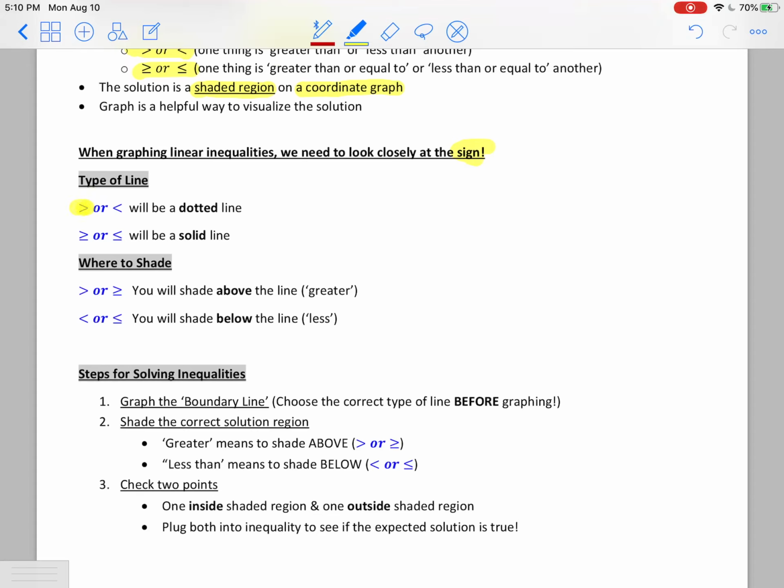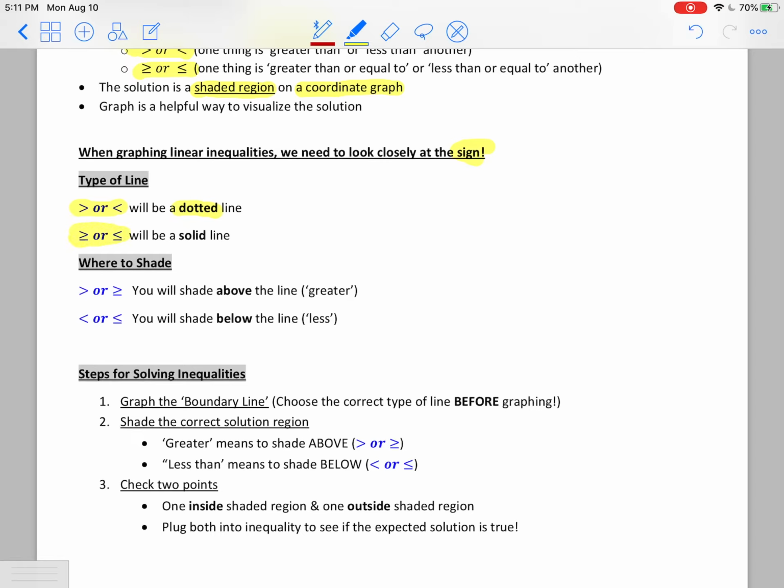So if we have a greater than or a less than without the or equal added to it, we're going to have a dotted line, because that's saying that all of the solutions are either above this line or below this line, but they do not include the line.